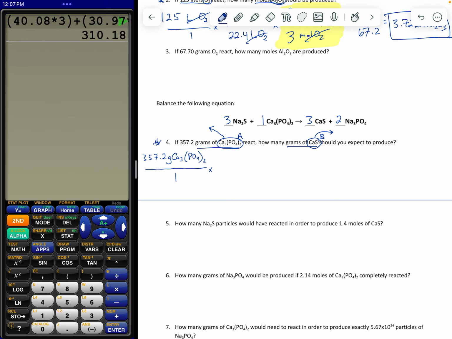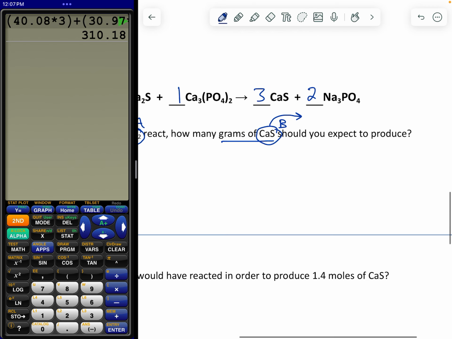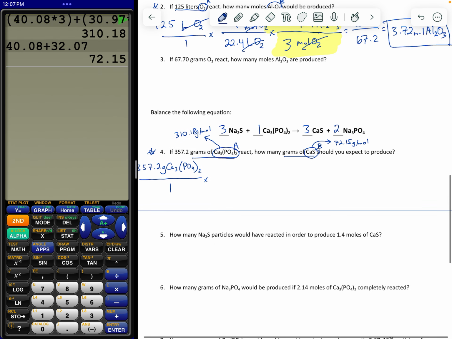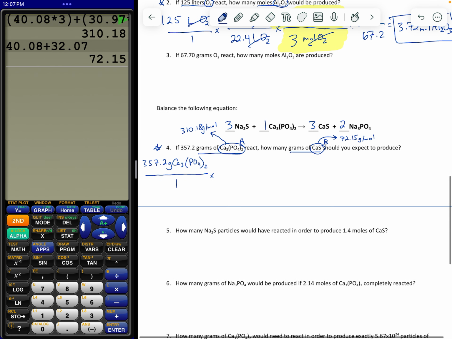All right, and we get 310.18 grams per mole. We're going to do the same thing for calcium sulfide. In this case, it's just 40.08 plus 32.07, which is 72.15 grams per mole. Because I know I'm going to be dealing with mass on both ends, I want the molar mass of both of the substances.